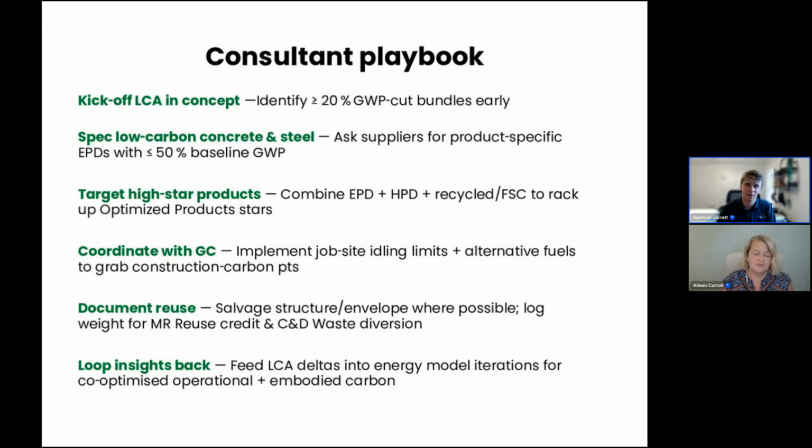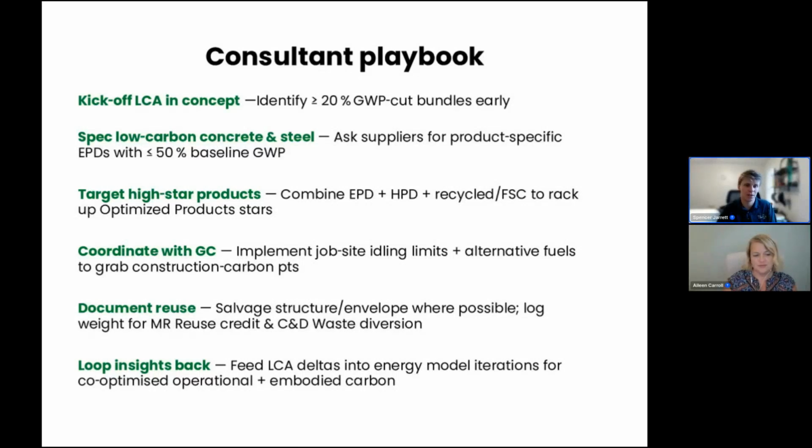So the second thing you can do is go ahead and start reaching out to suppliers, to manufacturers that are going to be specified on the project, and start asking them for EPDs. In order to gain most of these MR credits, the EPDs are going to be critical to actually doing that. And same thing for the prerequisite.